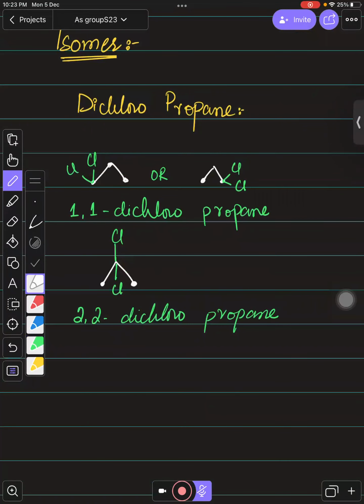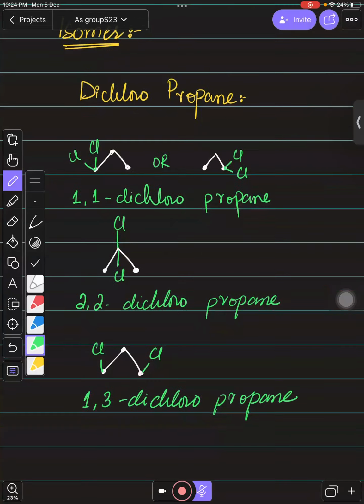Suppose these are 3 carbons and we are placing chlorine like this, 1 chlorine on the first carbon and the second chlorine on the last carbon. So it will be known as 1,3-dichloropropane.